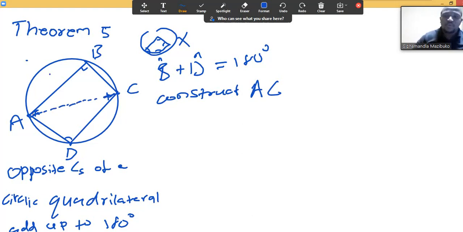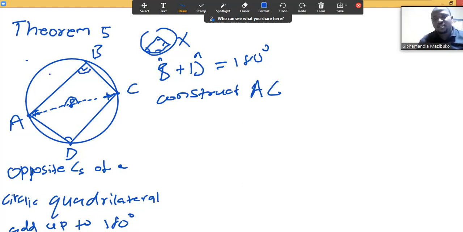So you see, between A and C, our O is here, our center, meaning the origin is here. We have constructed a line AC. What can we do here? We can use Theorem 2, I guess. Theorem 2 says that this angle here is twice this angle here.